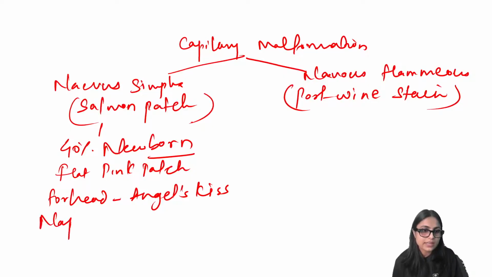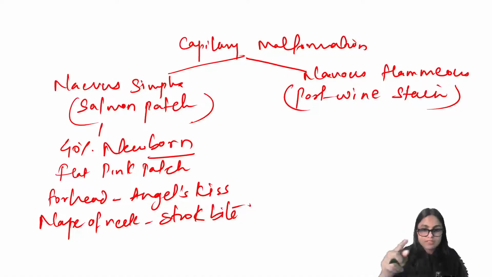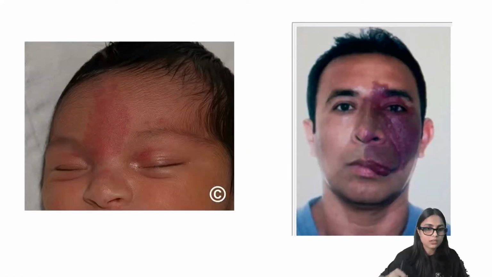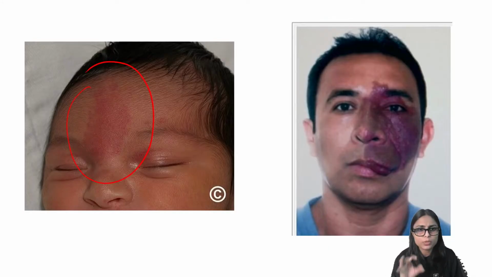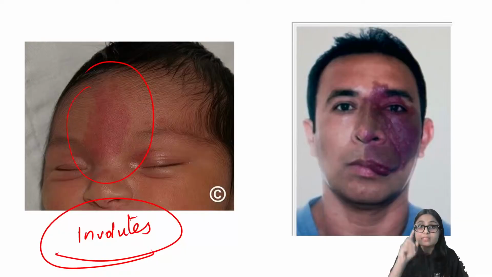When it is on the nape of the neck, it is called stork bite. Nevus simplex is the only vascular malformation which involutes, meaning regresses.